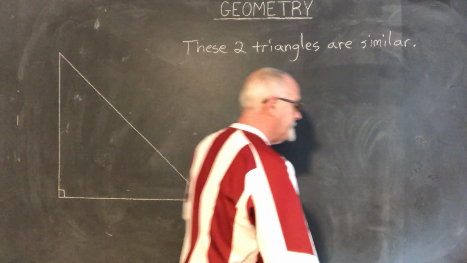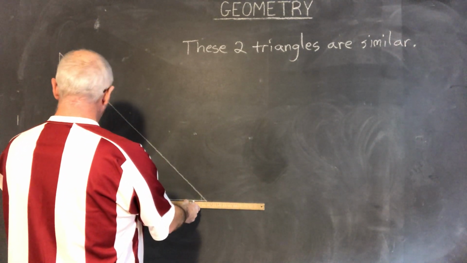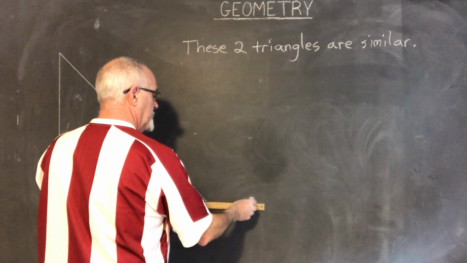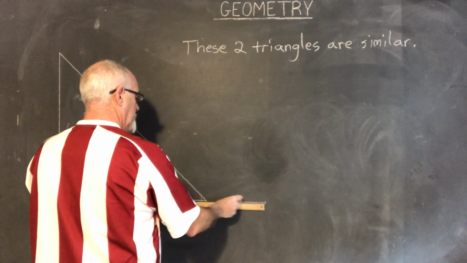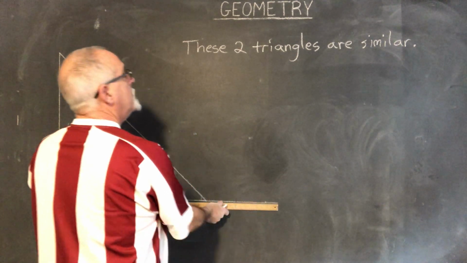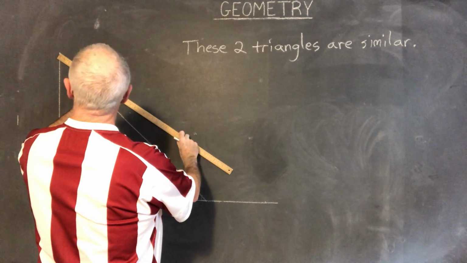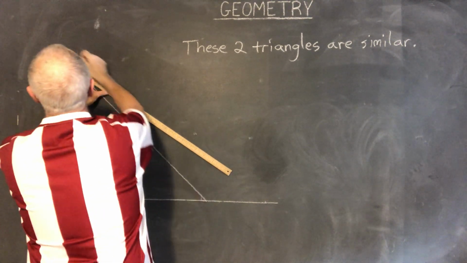Oh, wait, no. No, I drew it wrong. I'm going to have to redraw some of this and fix it. This is really taking a lot of space. Okay. Hard to draw. But I think I'm going to manage it.